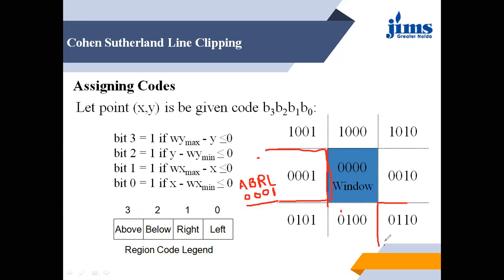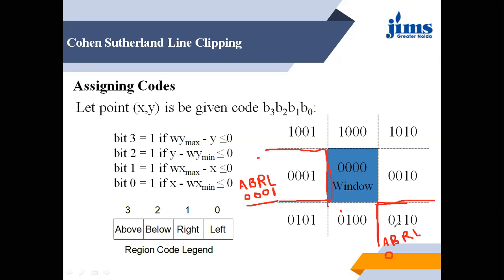So again we have to write in the form of above, below, right, and left. In this case we can see that this region is not above the window, so this is 0.